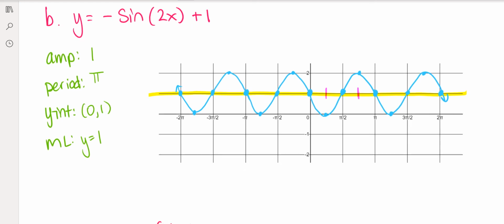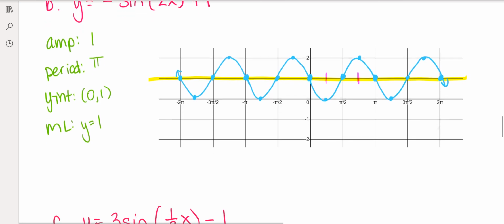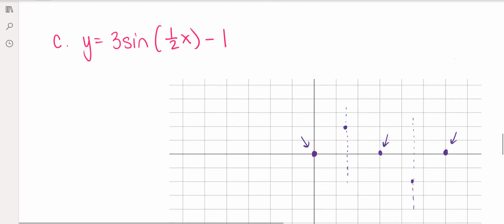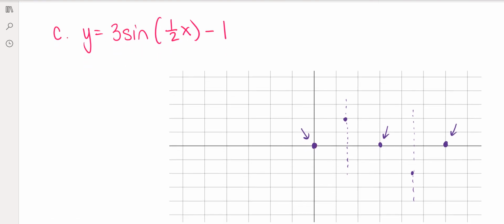There's not a lot of work with these. They really are nice things to graph. Here's the next one. Notice how my coordinate plane doesn't have any numbers this time.